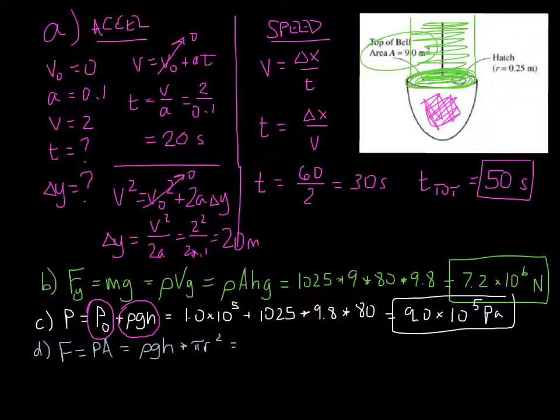So now you can plug in all of these numbers: 1025 times 9.8 times 80 times pi times the radius 0.25 squared, and you get an answer of 1.6 times 10 to the 5 newtons.